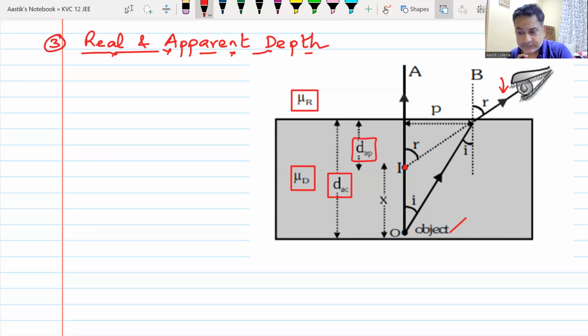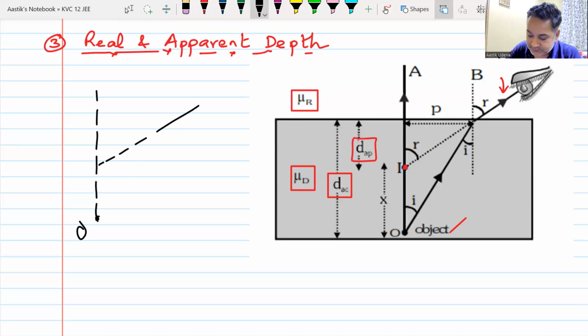Real depth, apparent depth, what you got to draw is just a single line, and that is good enough. This is the object and it will appear here. Just you need to draw this, nothing else. The object will appear a bit raised up because of rays traveling from one medium to the other medium.